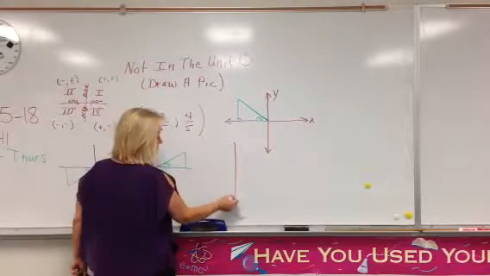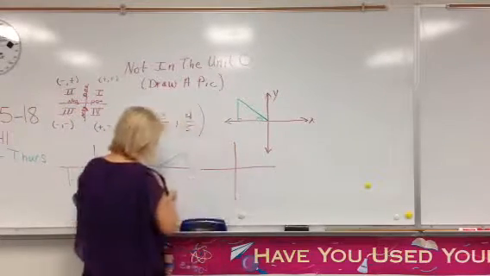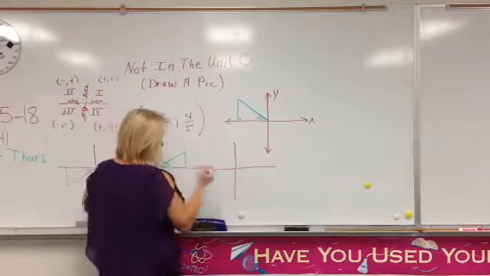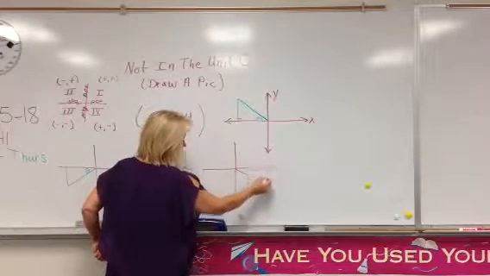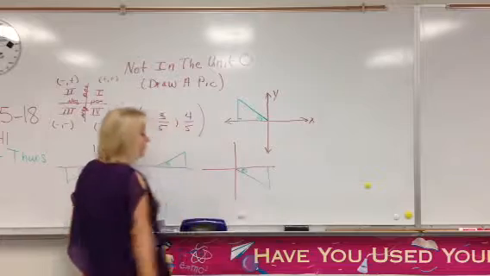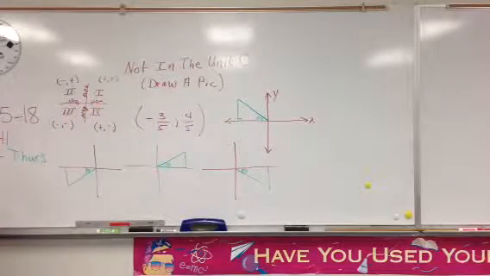And quadrant 4. Right there. So we just have to make sure we get that triangle drawn in the correct quadrant every time we draw, and it's always drawn with the x-axis.